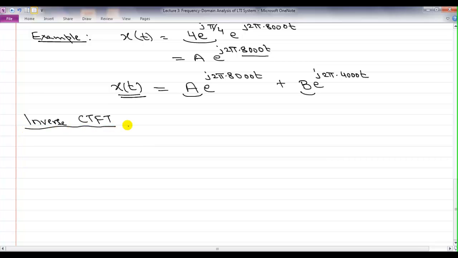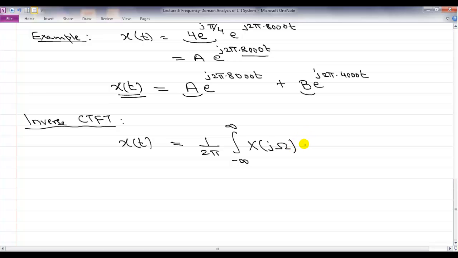Okay, we'll go to the continuous time Fourier transform formula by starting with the inverse first. So what that says is that x of t is equal to 1 over 2 pi, an integral from minus infinity to infinity of something x of j omega, which we call the continuous time Fourier transform, times e to the j omega t d omega. Okay.